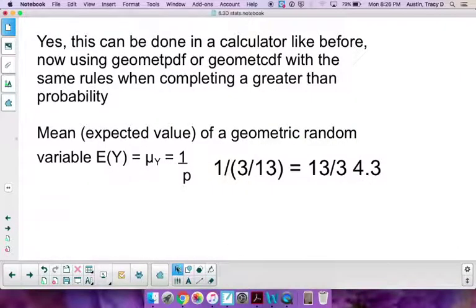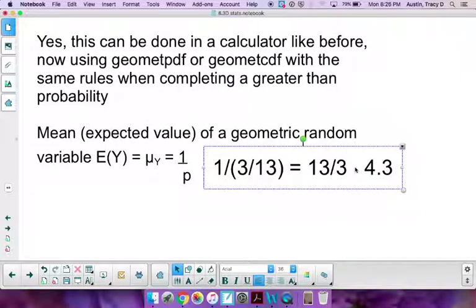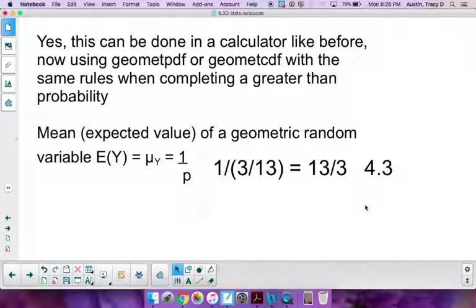So our average, as far as the average amount of cards we would have to turn over till we got a face card, and you can play with this over Christmas if you want. Take a deck of cards without jokers and shuffle it up and start flipping them over one at a time and write down how many cards it takes you to actually get to a face card. And keep in mind that when we're talking about the mean and the expected value, we're talking about the law of large numbers, right? This happens over a long period of time.